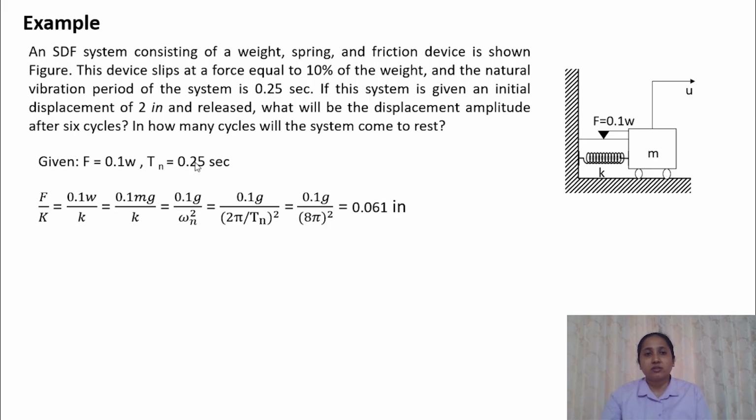We know the natural period, and we can calculate the circular natural frequency using omega_n equal to 2 pi by T_n. We can substitute that. Now we know all the values in this expression, so we can calculate the value of F/k as 0.061 inches.